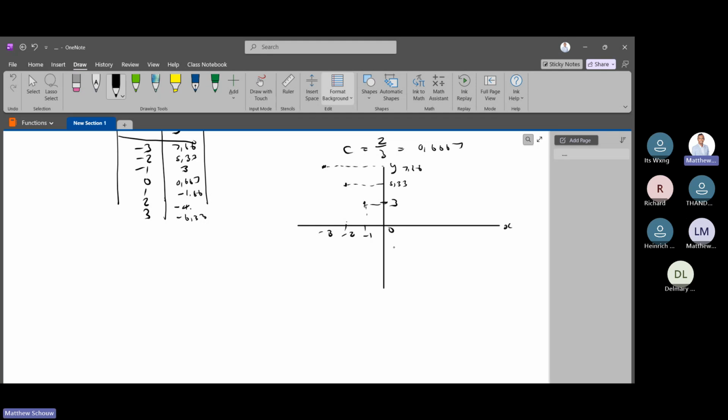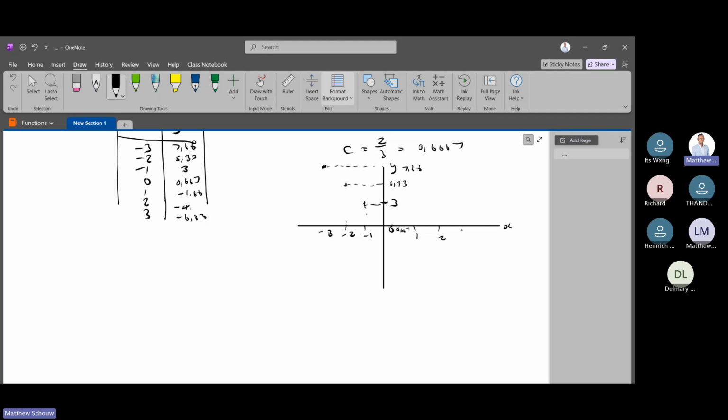And then at 0, we have x is going to be 0. This is going to be 0.66 something here, no? It should be here somewhere. 0.667. That's just before 1.